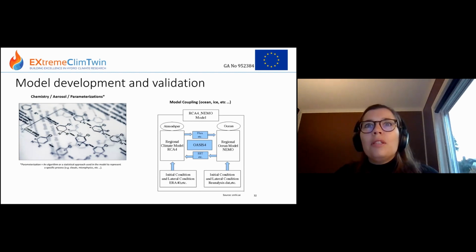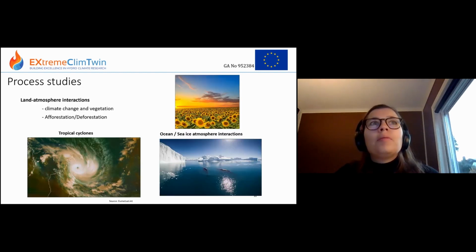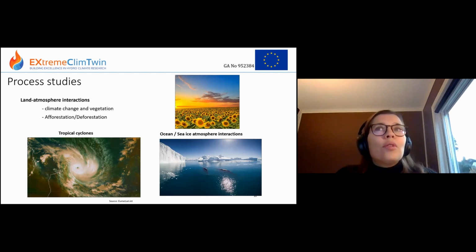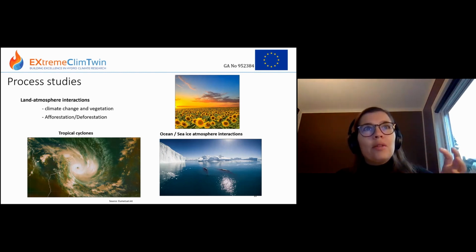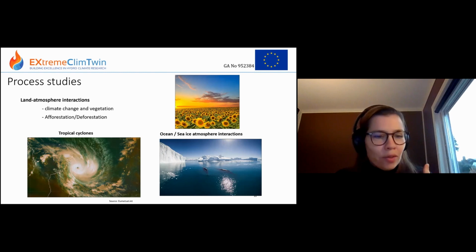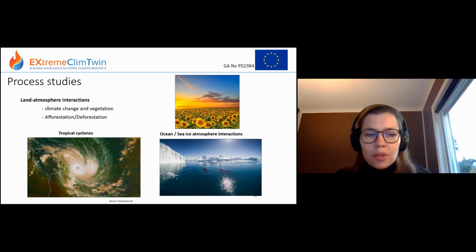And that's one of the applications for regional climate modeling. Another application, of course, is to look at process studies. So for example, these days, we talk more and more about land-climate interactions. We are wondering, for example, if we remove the forest or if we add more forests, what will happen for the climate? That's typically something that people do with regional climate models, where they change the vegetation, for example, and try to see what the impact will be for the climate.